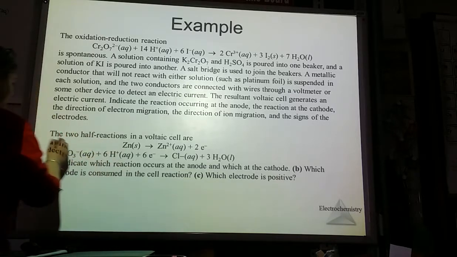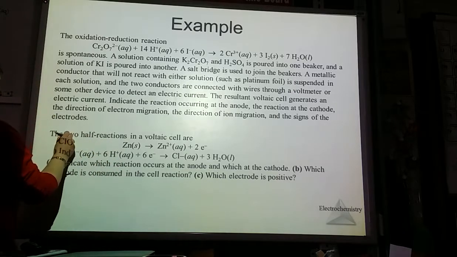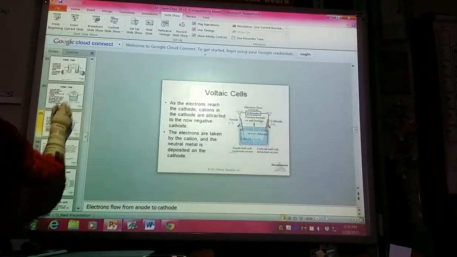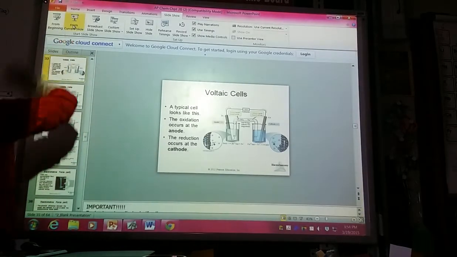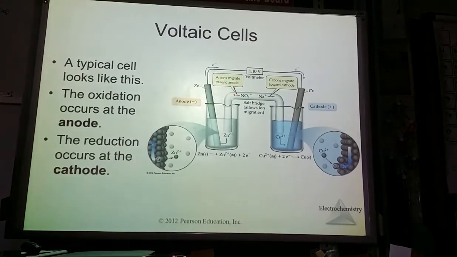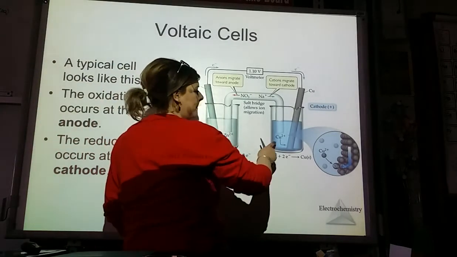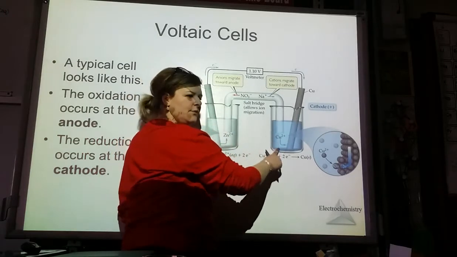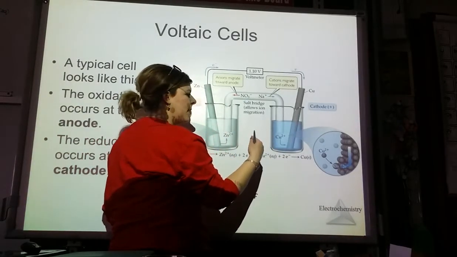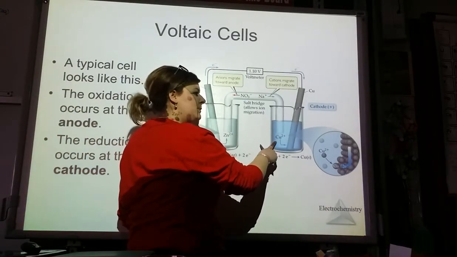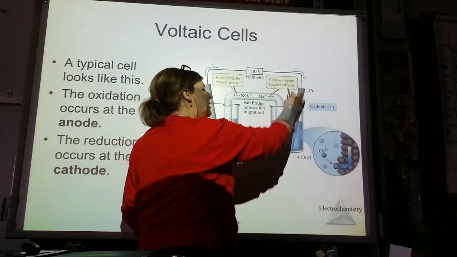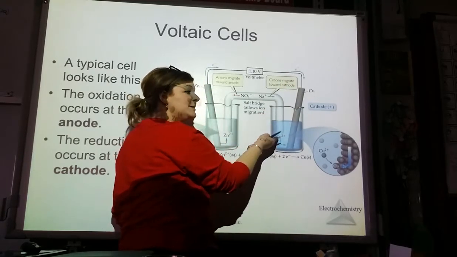Because remember, let's see if we can go back here. Cations are going to be moving toward the cathode, and that's because I had Cu2+, if we go back to the reaction that we were looking at before. I have Cu2+ in this beaker, and then I'm gaining a lot of electrons, so now that Cu2+ is going to be reduced.